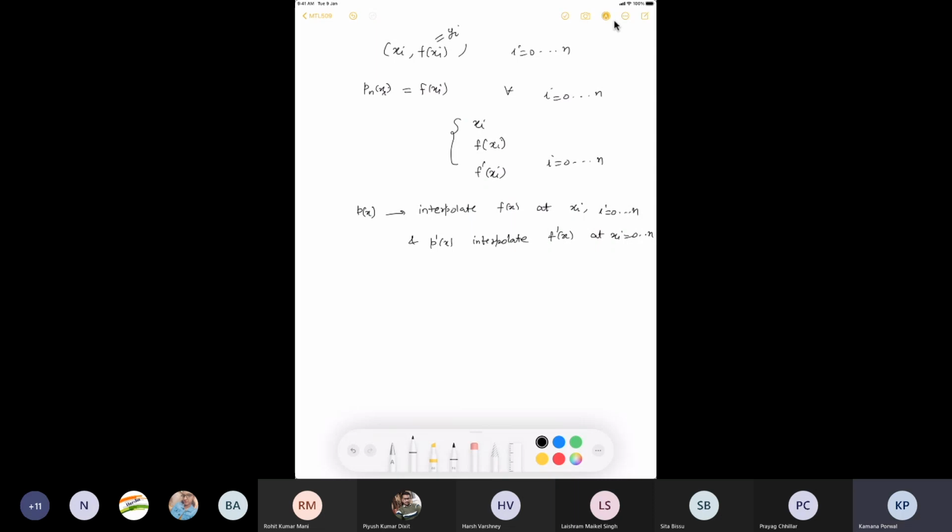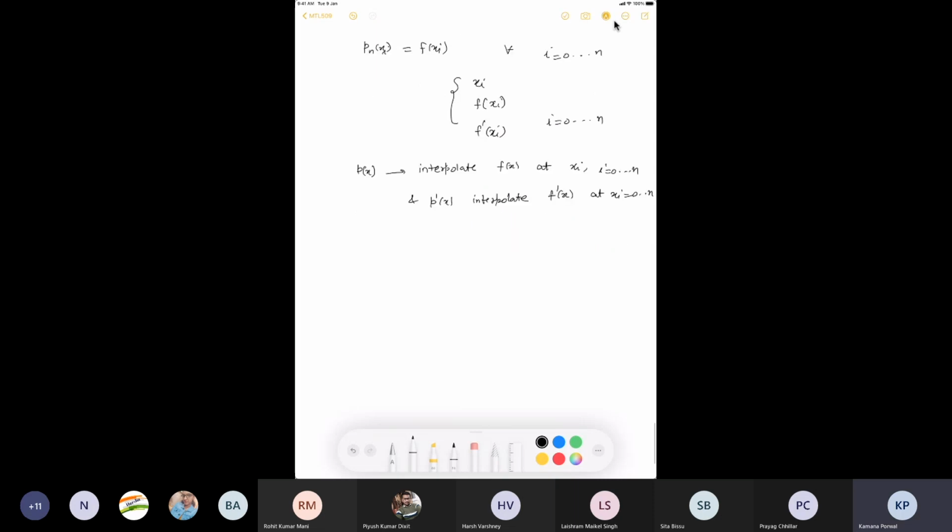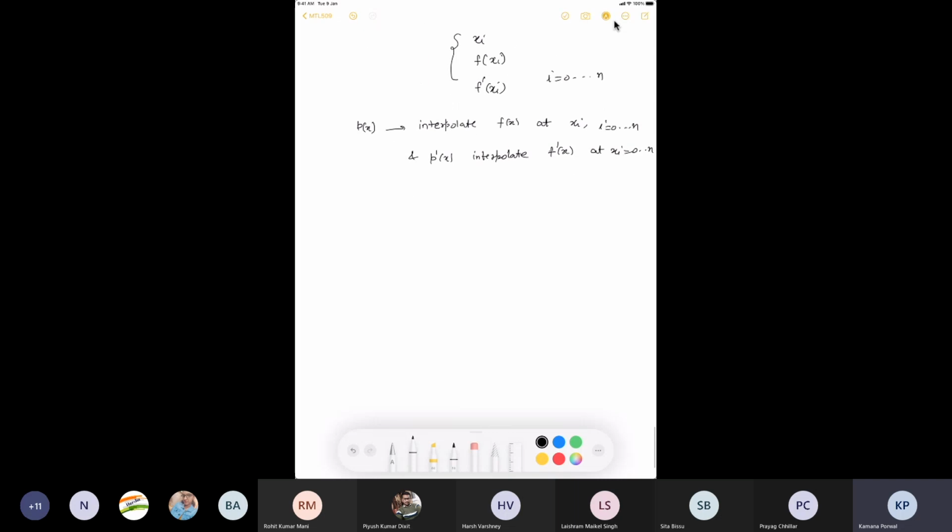So we are going to find such polynomials, and the polynomial which we will be finding is called the Hermite interpolating polynomial, and this process of finding it is called Hermite interpolation.